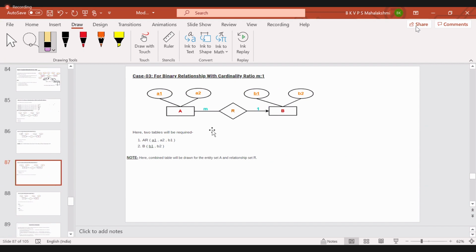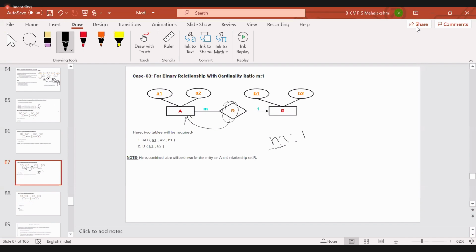Suppose now it is m:1. Then for the B entity, we take all the attributes. But as this side has m, towards the left side, we have to combine this particular relationship with the first entity.